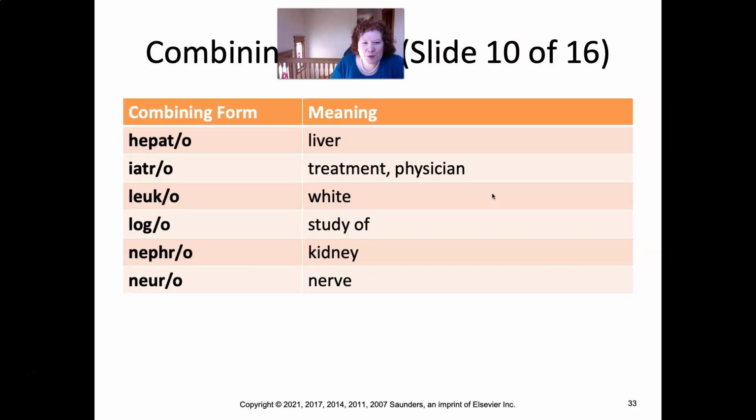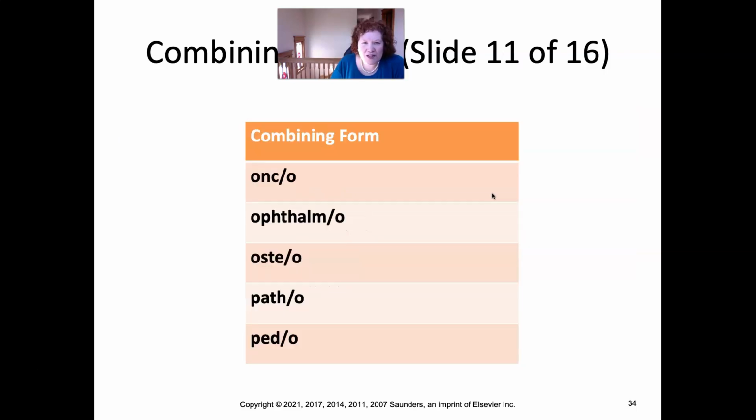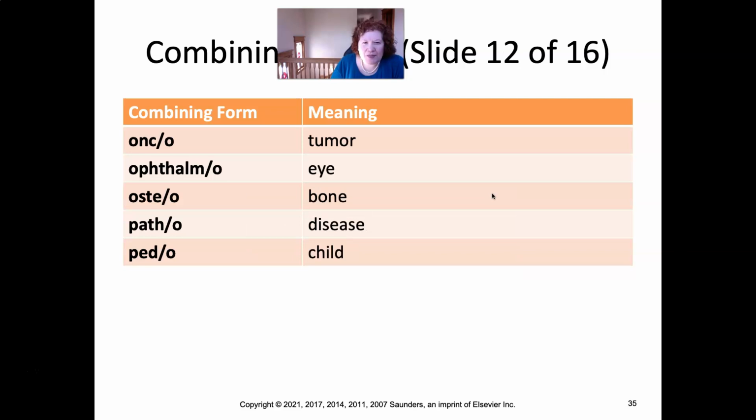Hepato, iatro, leuco, logo, nephro, neuro. Onco, ophthalmo. Ophthalmo is one of those words that has more letters than it sounds like, and they don't appear to go together the way that you would think.